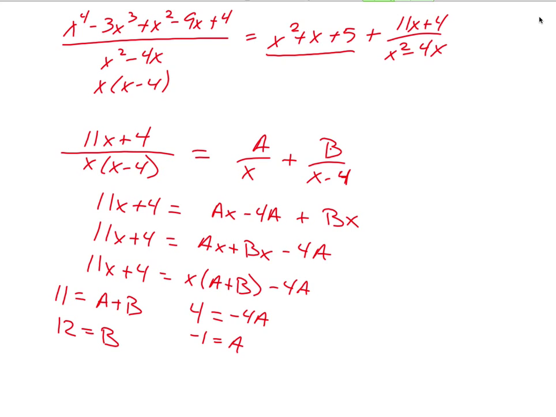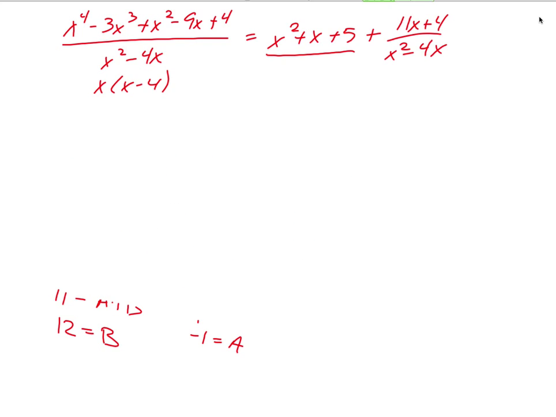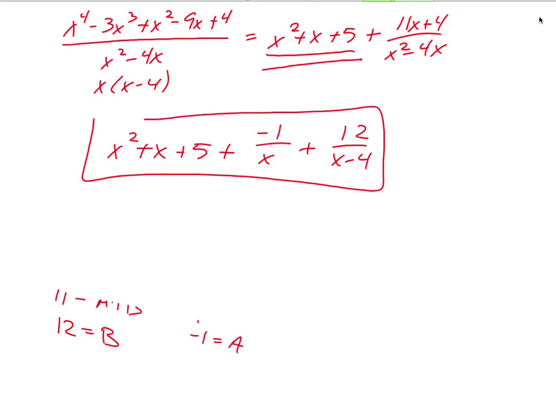So now I'm ready to write my final partial fraction. Okay, I need to start with this. So x squared plus x plus 5. And then I add negative 1 over x plus 12 over x minus 4. That is our partial fraction.